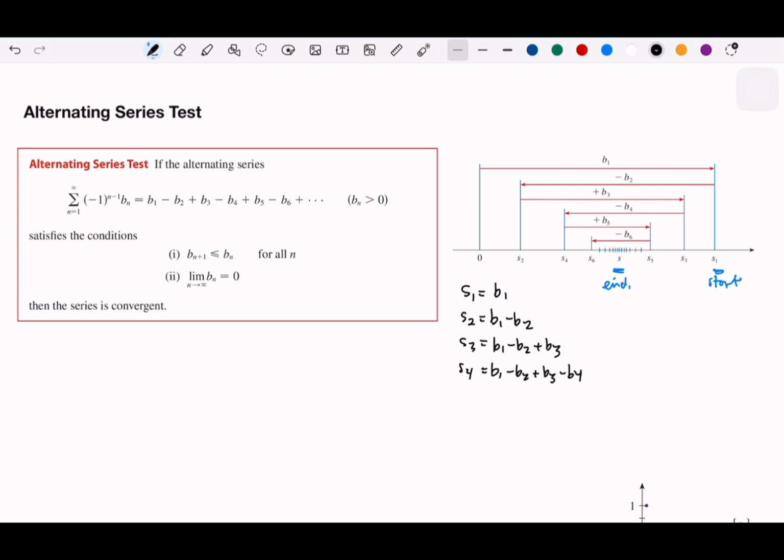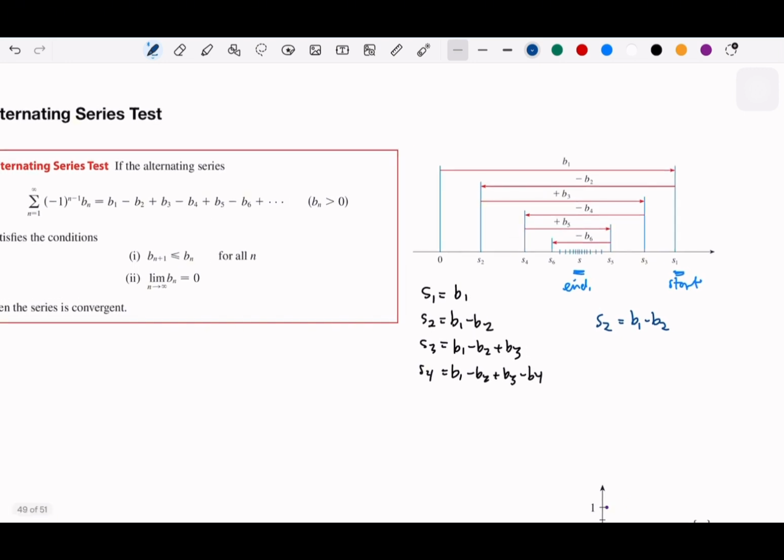Suppose we take S2, which is positive since b1 is greater than b2.